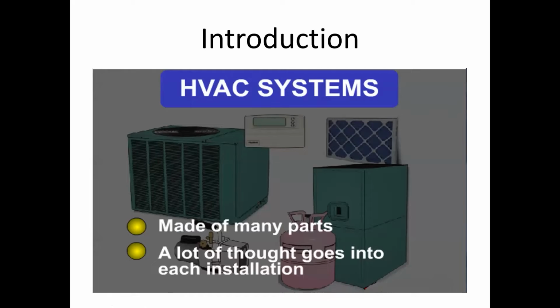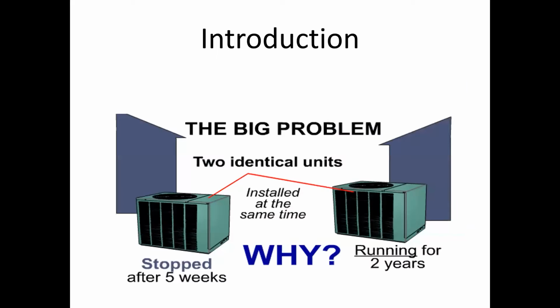So every component can either help that system work longer and last longer, or can hurt it, right? If we have problems with our refrigerant lines or our ductwork, those can be detrimental to our system and its long life.